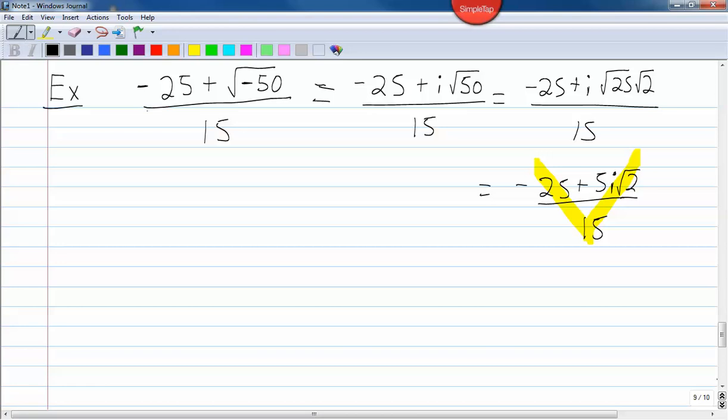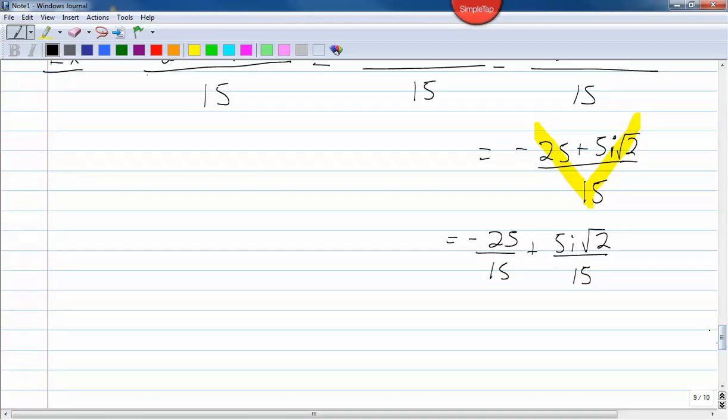So the first number in the numerator is negative 25 over 15 plus the second number in the numerator, 5i square roots of 2 over 15. And now let's see if either fraction will simplify.